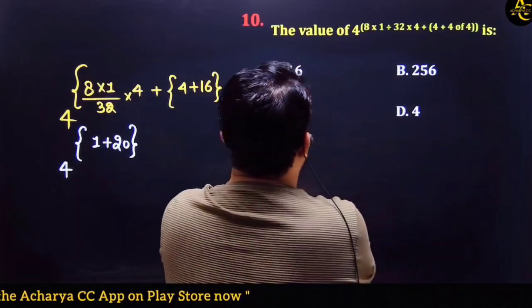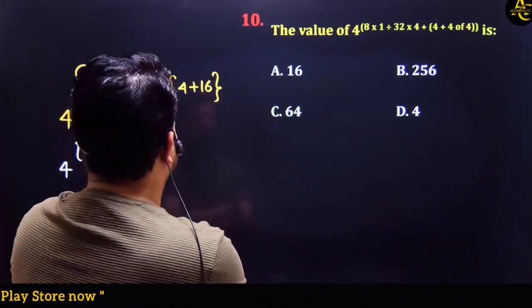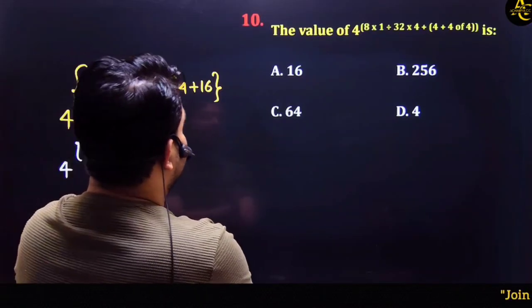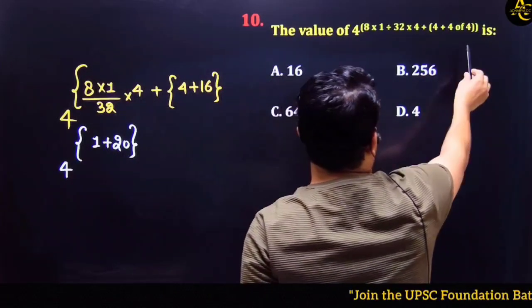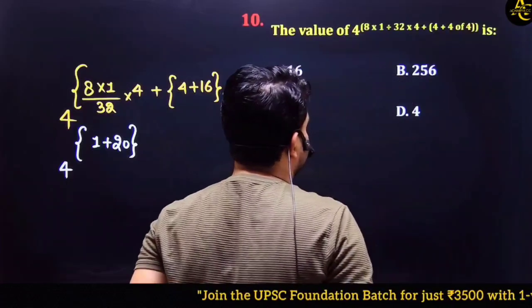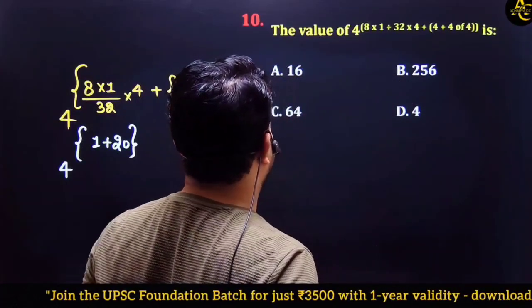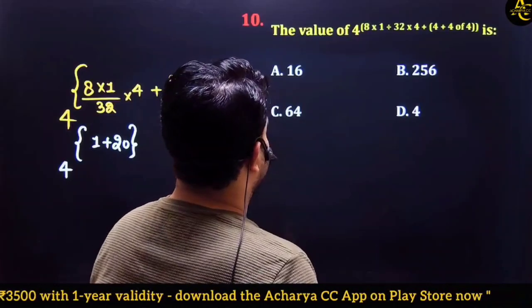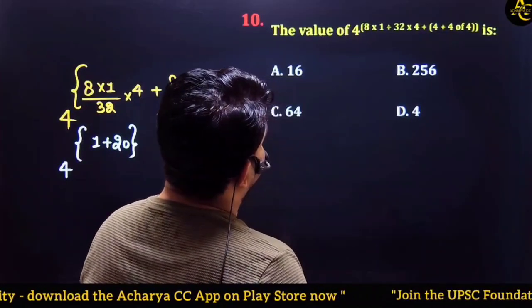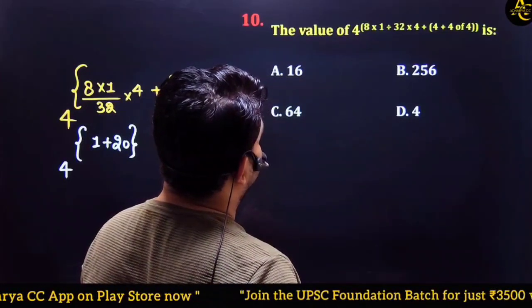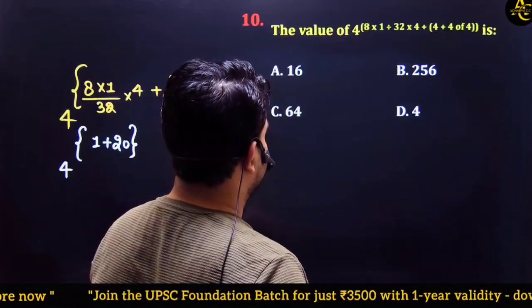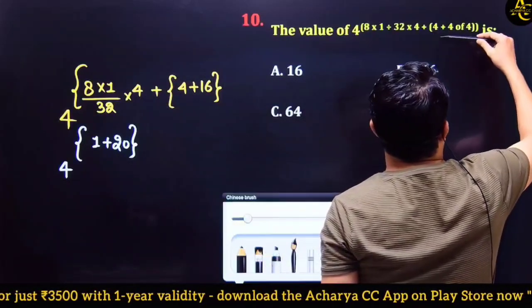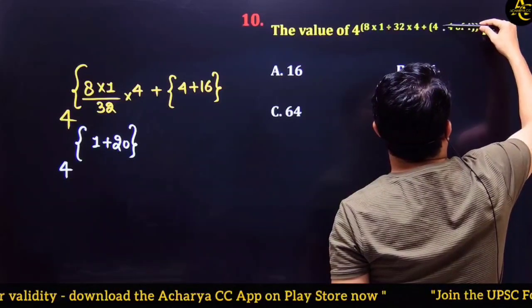What we have to do, I have to do something. 4 to the power 4, if I make this bracket 3, I can make it 56. There is no option 4 to the power 6. We have to improvise something.